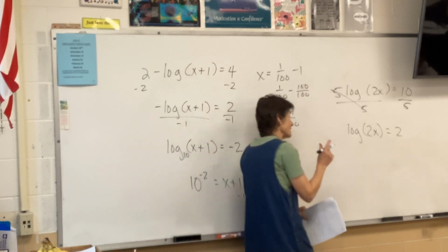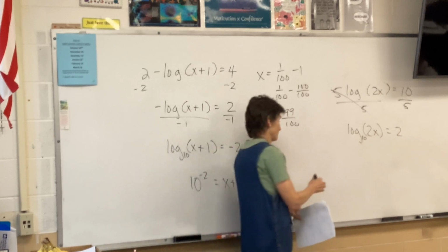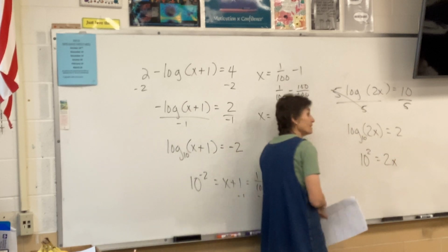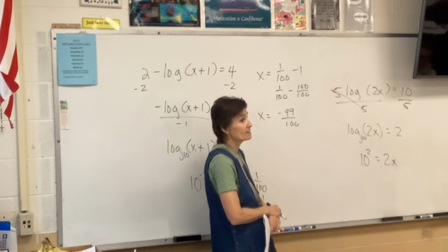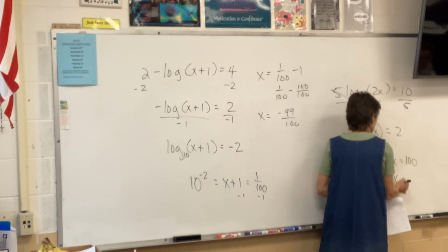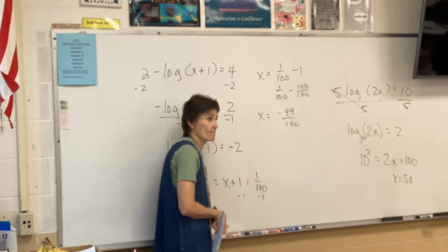There's a 10. Our base is 10. 10 to the second equals 2x, perfect, and 10 to the second means 10 times 10, which is 100. So 2x equals 100, and it looks like x equals 50.